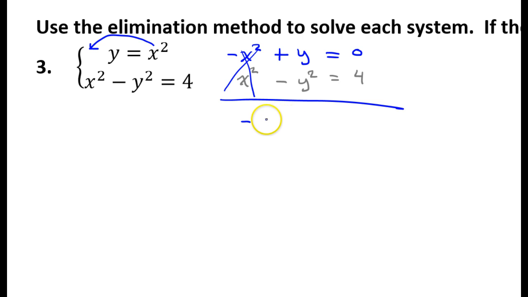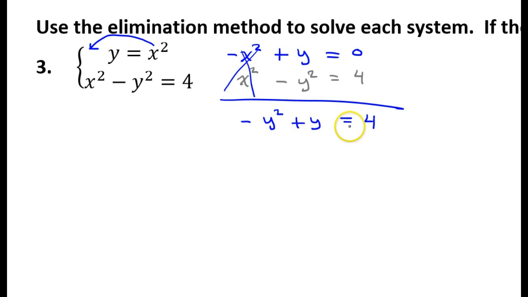So I'm going to have negative y squared plus y. They're not like terms because this one's squared and this one's not. In fact, I probably shouldn't have even lined them up, but it doesn't matter. If I add these together, that's going to be 4. But the key is these x squared terms cancel each other out.